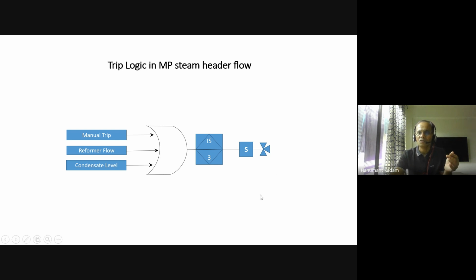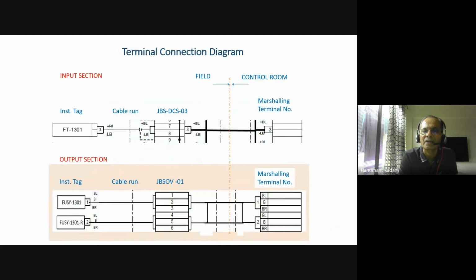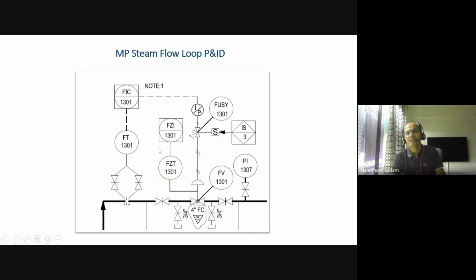So this logic is here. You can see here this solenoid valve will force this control valve off if any of the three conditions are not satisfied. So that is this loop here.